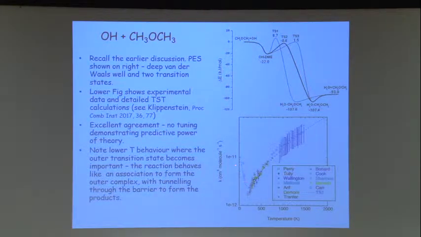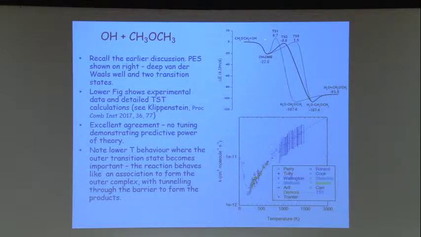And this is because the outer transition state is now beginning to play its role. And there are two effects. One of them is that at these low temperatures, the molecular system hangs around in this van der Waals well for quite some time. And this allows it to tunnel through these barriers here.